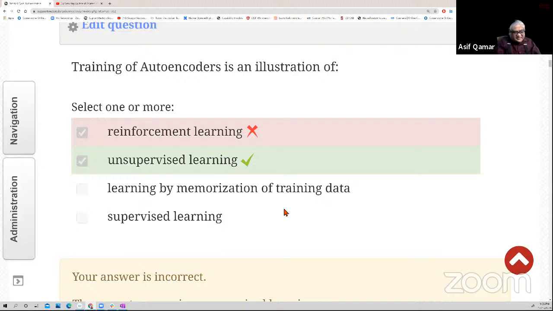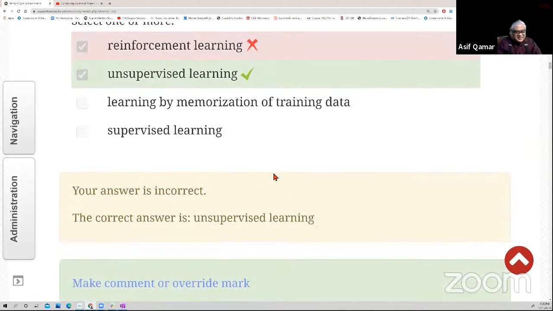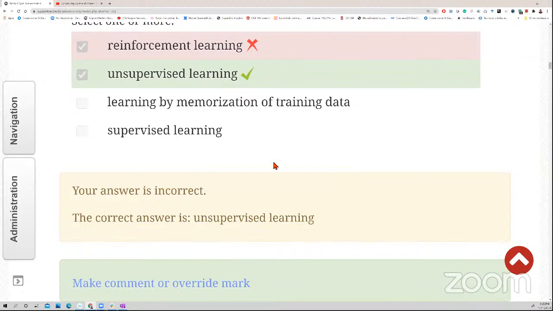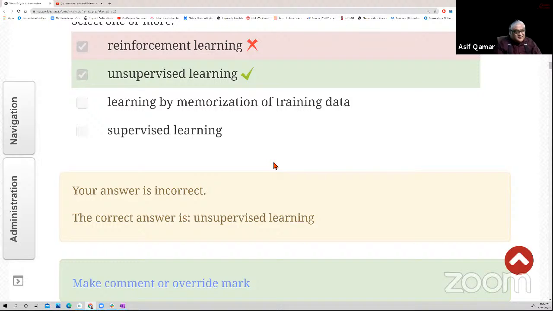But given the fact that I did not give you the choice, and as I said, some people consider it to be unsupervised learning, right? So it is unsupervised learning that you could choose. And there was a subtlety here because, as you notice that in a subsequent quiz, I throw in the word self-supervised. And it is just to make you familiar with the different words, a different sort of a perspective that different people take on this.